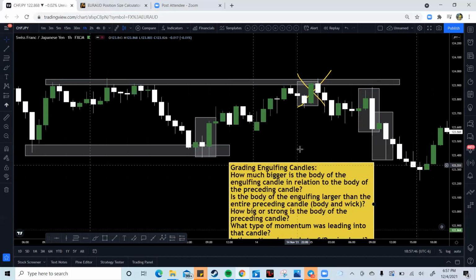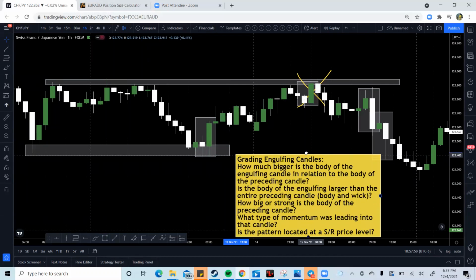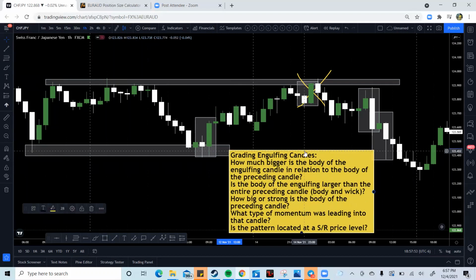What type of momentum was leading into that candle? Was it strong momentum or weak momentum? It was just a couple bullish candlesticks, so the momentum was weak.